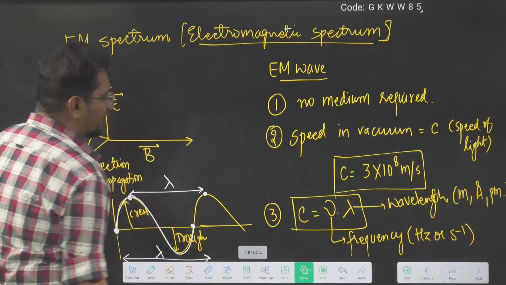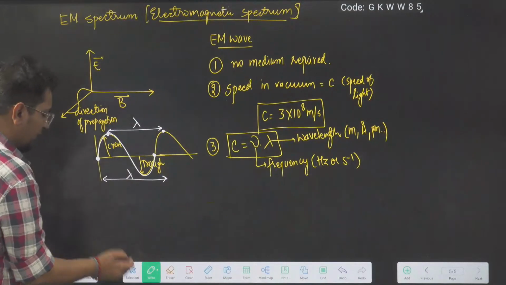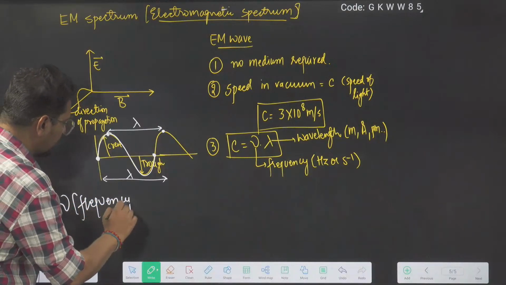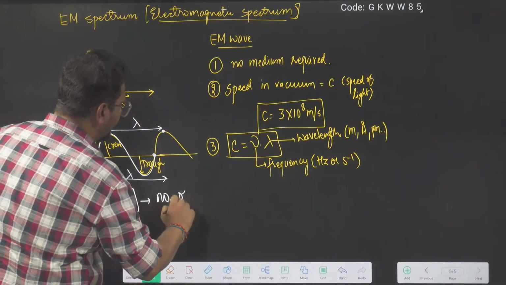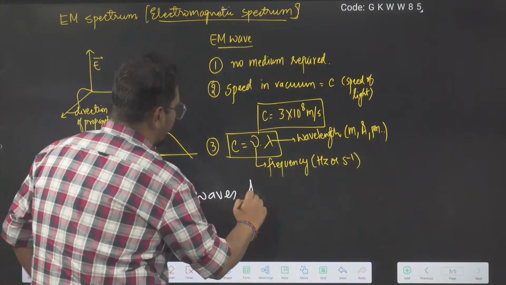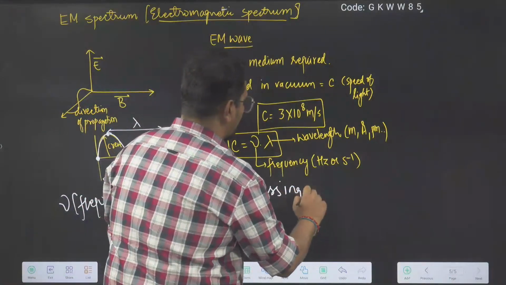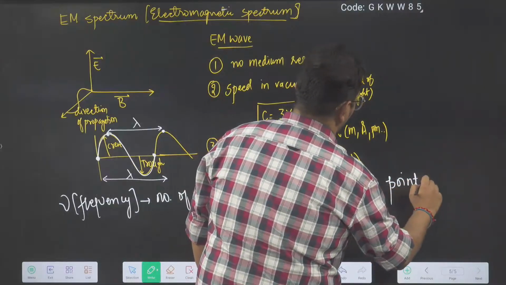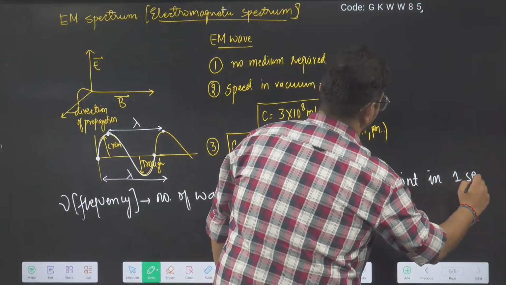What is the definition of frequency? Nu is frequency. Number of waves passing through a point in 1 second.